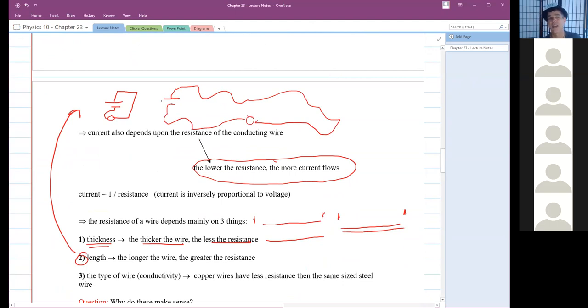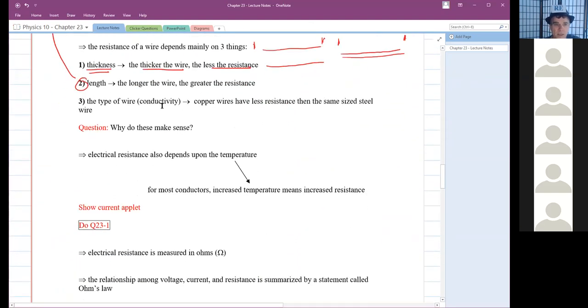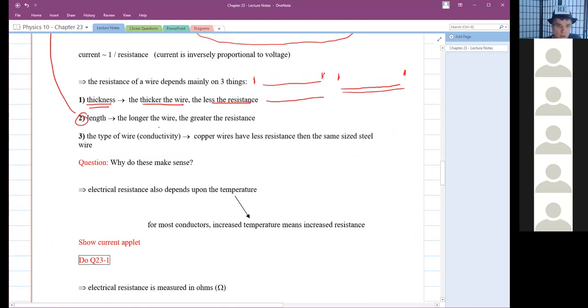Again, resistance is how hard it is for current to get from one spot to another spot. If I have to go 10 times farther, it's going to be that much harder. So the second characteristic is length. The longer the wire, the greater the resistance.